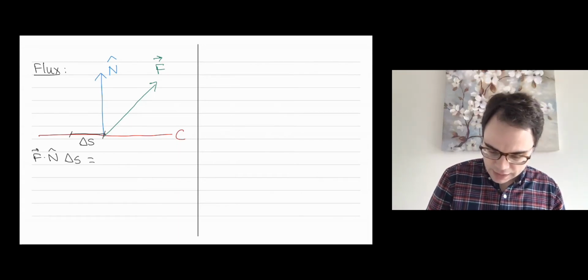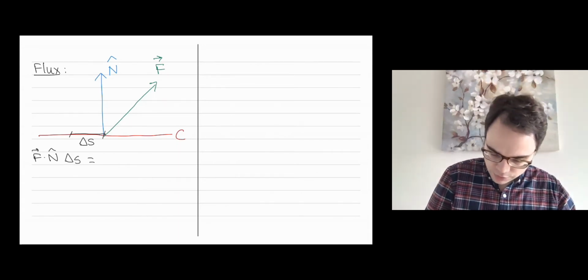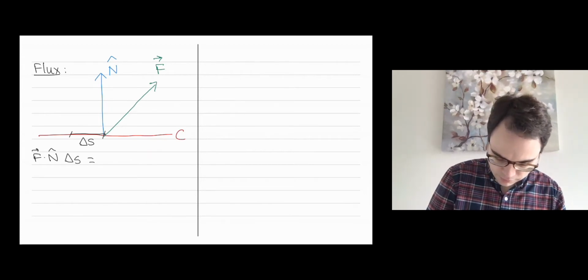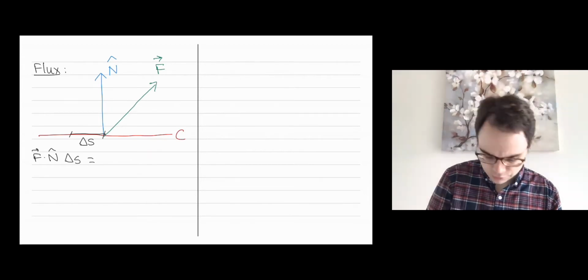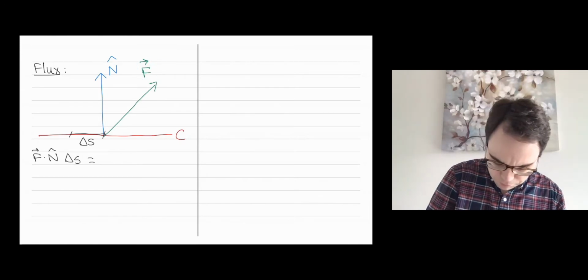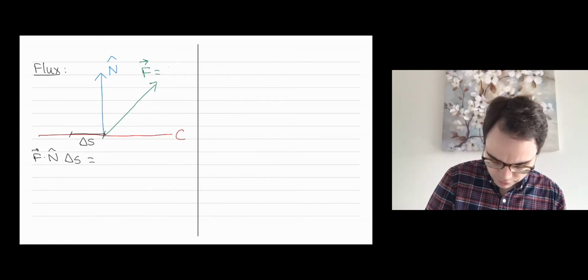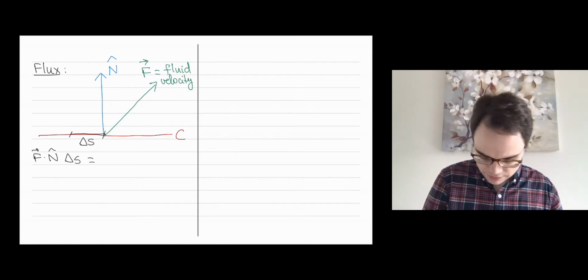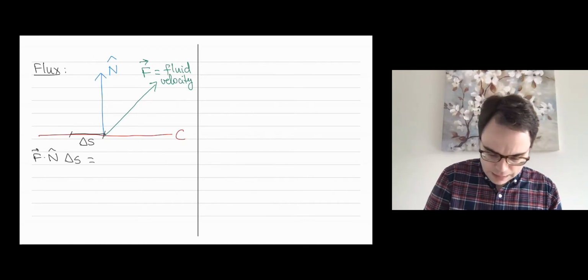To understand this physically, let's look at the situation where the interpretation is clearest. That's the case of fluid mechanics. So F, let's say, is the velocity field of a fluid. The fluid velocity just tells you how fast the fluid is moving at each point.